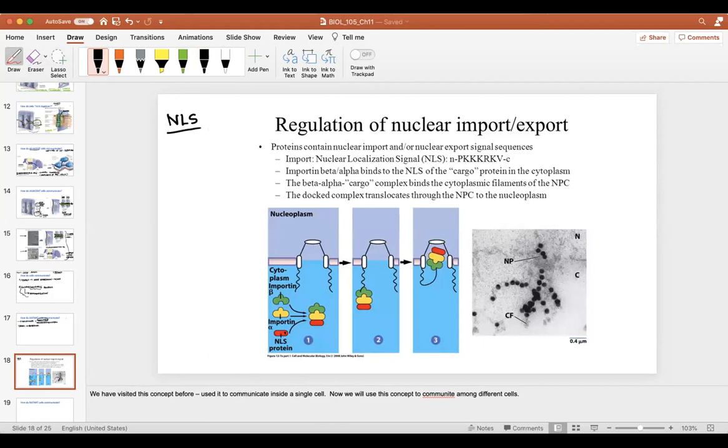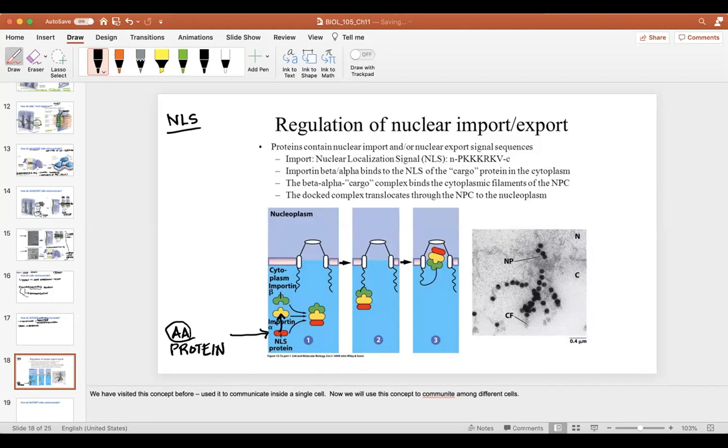And just in case you don't remember, the nuclear localization signal was a series of amino acids that were tacked onto a protein that acted like a cellular zip code, telling the cell that this protein is destined for the nucleus. But what happens is these amino acid zip codes fit into another protein perfectly, okay? So that is a receptor.